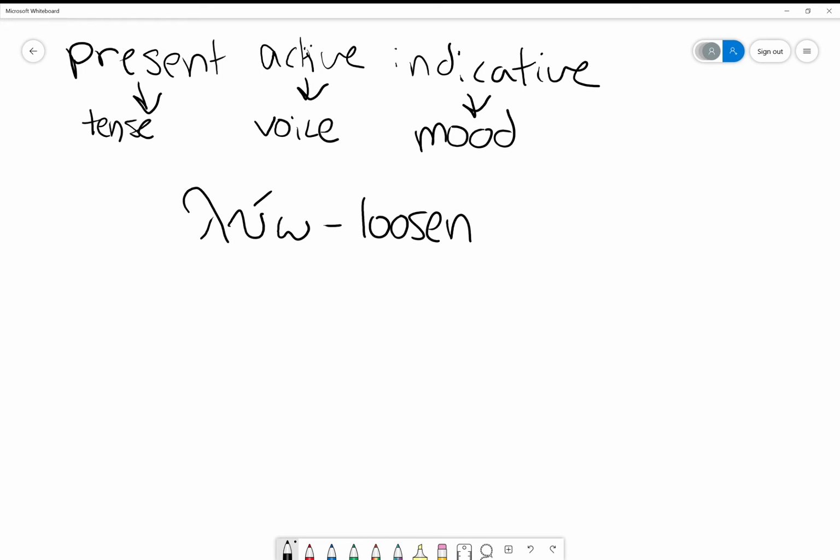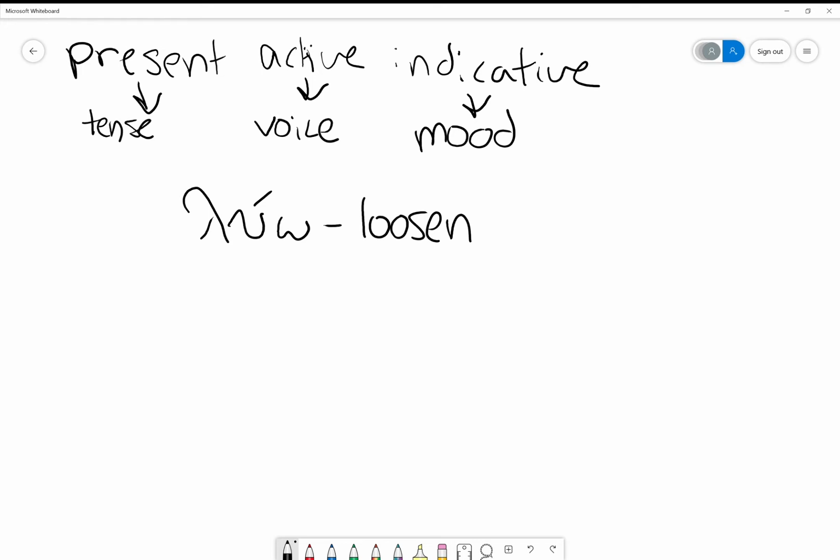There are other moods in Greek that are a little complex, but they tend to occur in very specific circumstances. So for now, just think of it as a plain, basic verb. I eat, I loosen, I dance. Those are all indicative, as opposed to a command, which we'll be going over soon.